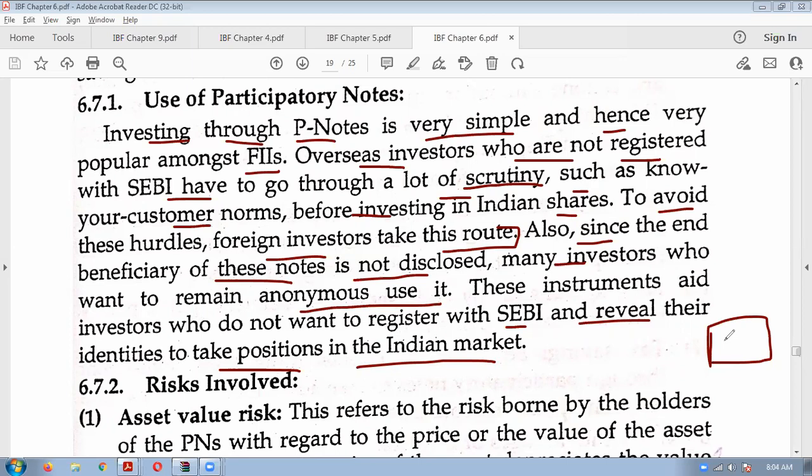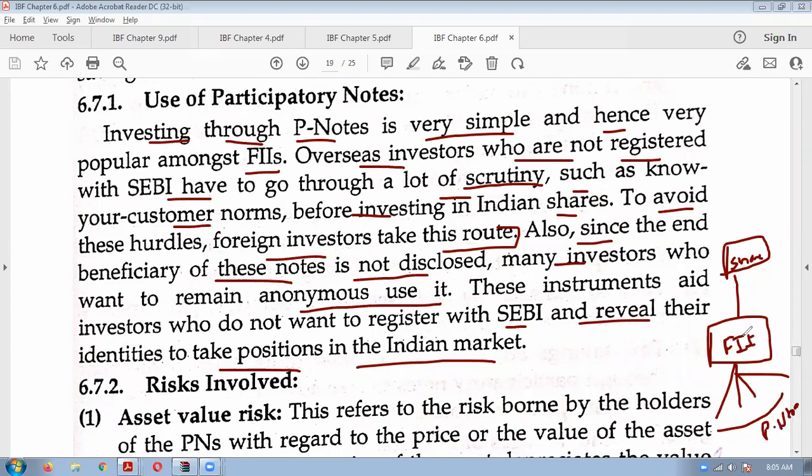For example, let us understand there is a foreign institutional investor or a broker, let us say. They will buy the shares from the Indian stock market. And these institutional investors or brokers will issue P notes to a number of foreign investors against these shares.